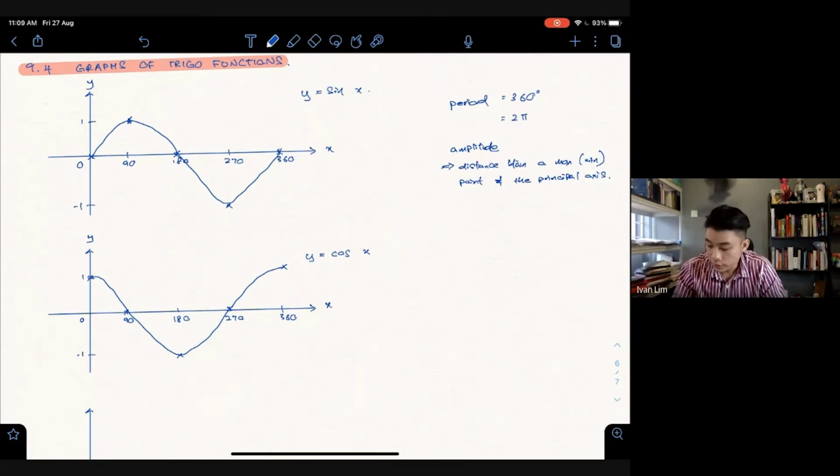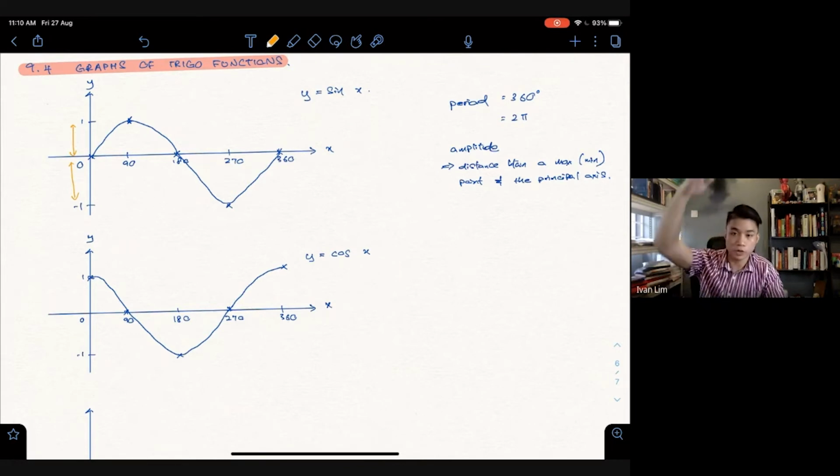So in short, the amplitude over here is from 0 to 1 because your principal axis right now is the x-axis, or from here 0 to -1, which is 1 also. The value of it is 1. So we can say the amplitude for the y equals sin x graph is equal to 1.